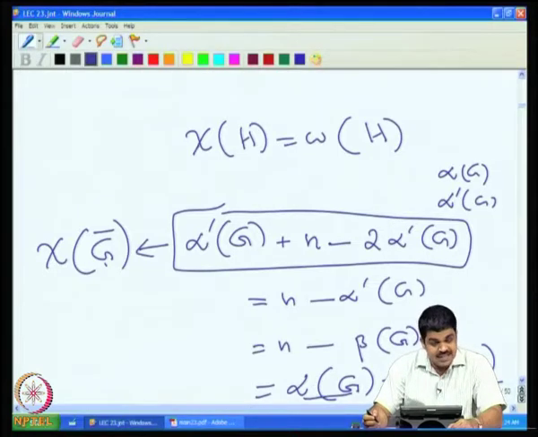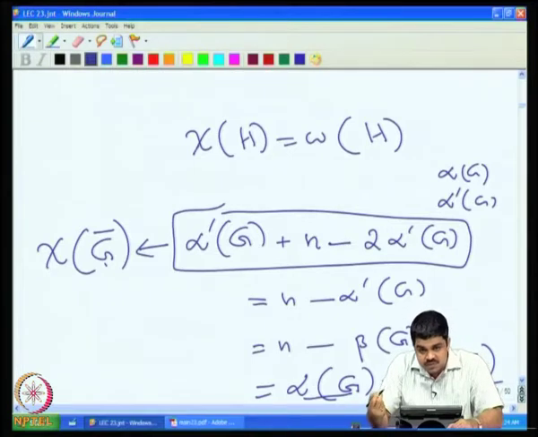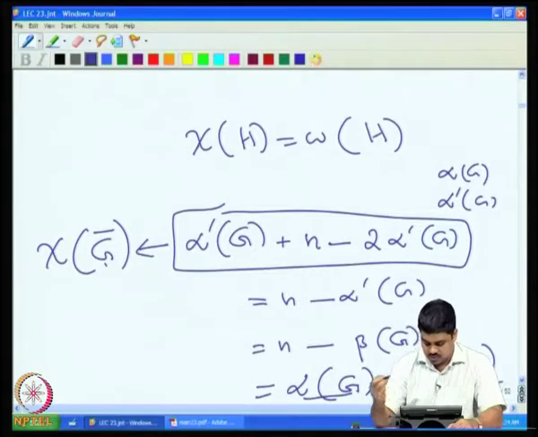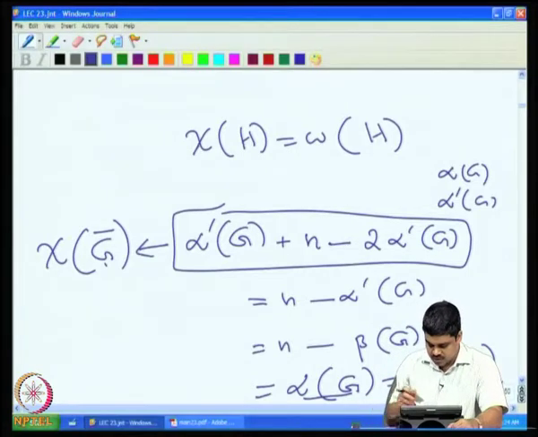Essentially this question of whether the chromatic number for the complement of a bipartite graph is equal to the clique number translates to Konig's theorem, namely the vertex cover is equal to the matching. So, through a small translation, we are using it to prove this in the corresponding bipartite graph.